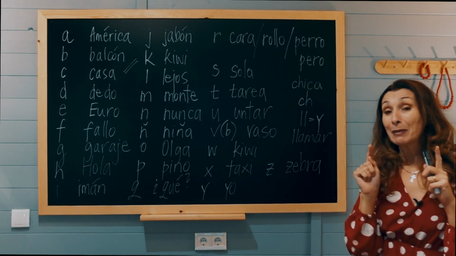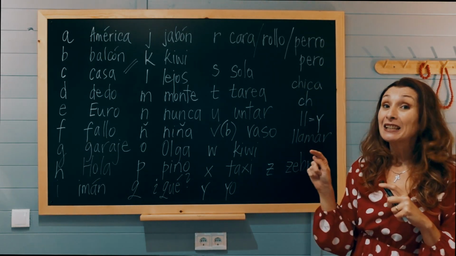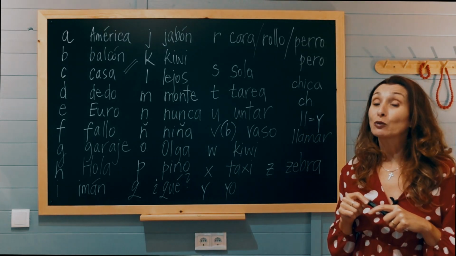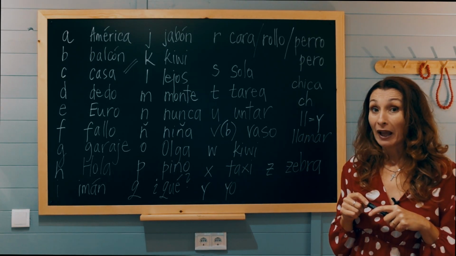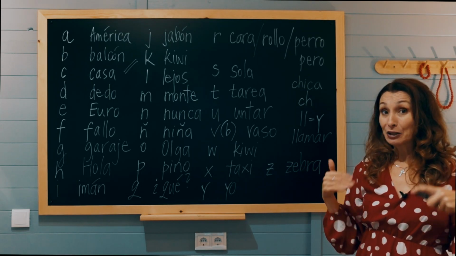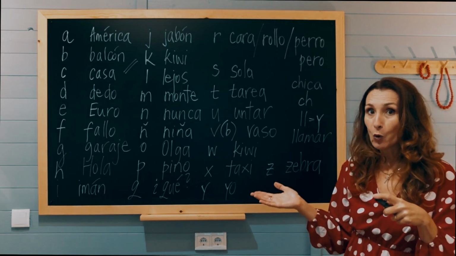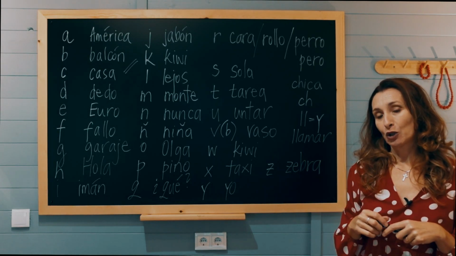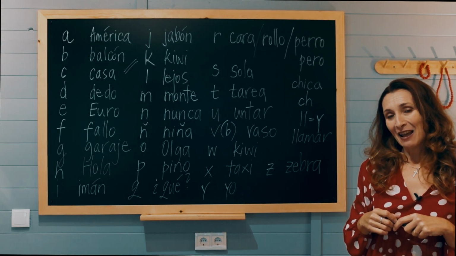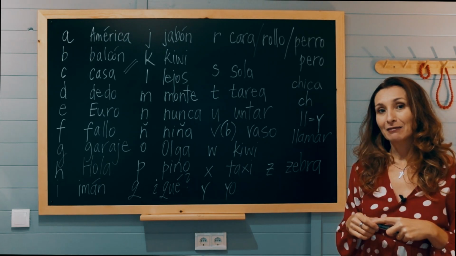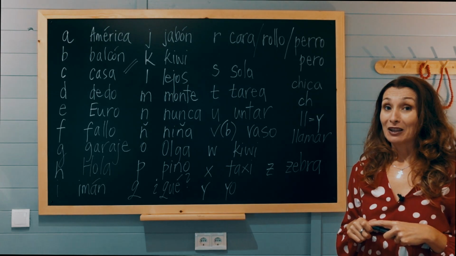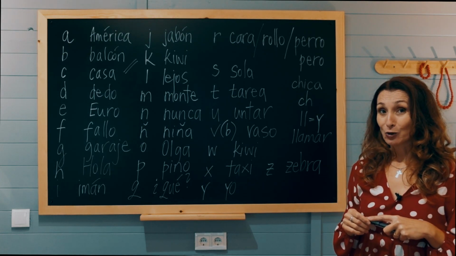Because there are many, many instances when C is not pronounced K and G is not pronounced G. And rather than getting into the habit of pronouncing them always the same, leave them out, and when you watch the next lesson where I talk about these letters that break the rule, you will then be able to practice those two as well.